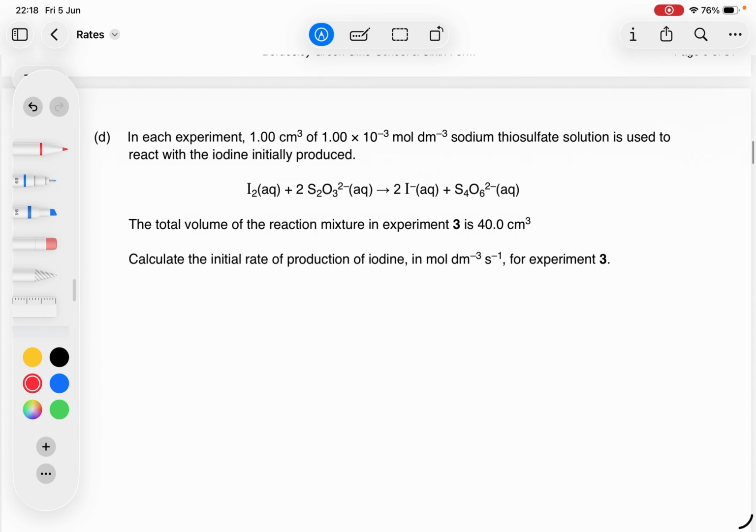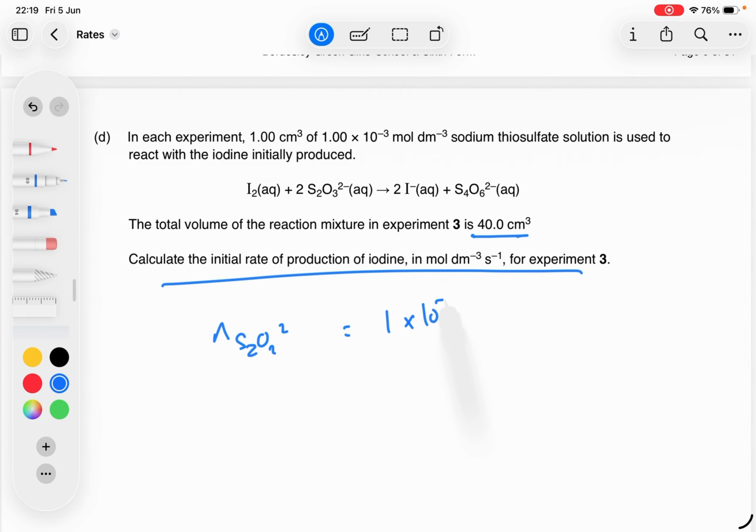Next, in each experiment, 1 cubic centimeter of 1 times 10 to the minus 3 sodium thiosulfate solution is used to react with iodine. Total volume of the mixture is given in experiment 3. Calculate the initial rate of the production of that. So you have to work out the amount of thiosulfate, which is 1 times 10 to the minus 3 over the volume, which comes to 10 to the minus 6.